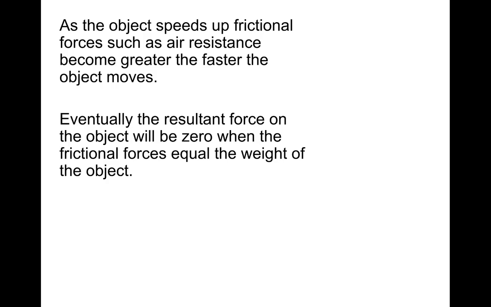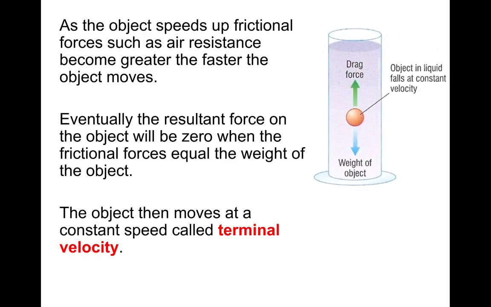If you've got the weight acting down, maybe 700 newtons, the air resistance will start at zero and build up and build up until eventually it is also 700 newtons. So the resultant force is zero when the frictional forces, or the drag, equal the weight of the object. The object then moves at constant speed, and we call that terminal velocity.